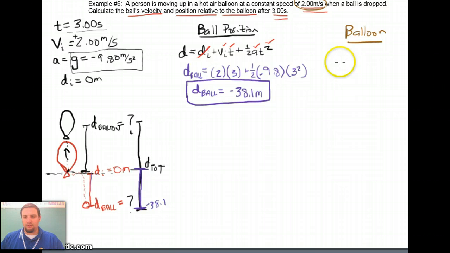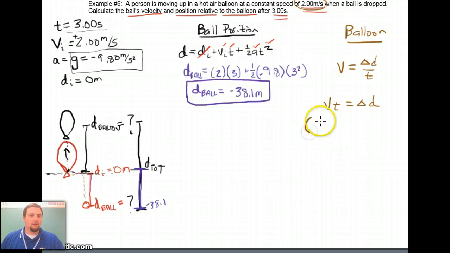We can use the simple equation: the velocity of the balloon is equal to its displacement over time. We're going to find the displacement here, so we'll have to solve this for displacement. V times t equals the displacement. I just multiplied by t on each side. Okay, velocity is 2. The time is 3. This equals the displacement.